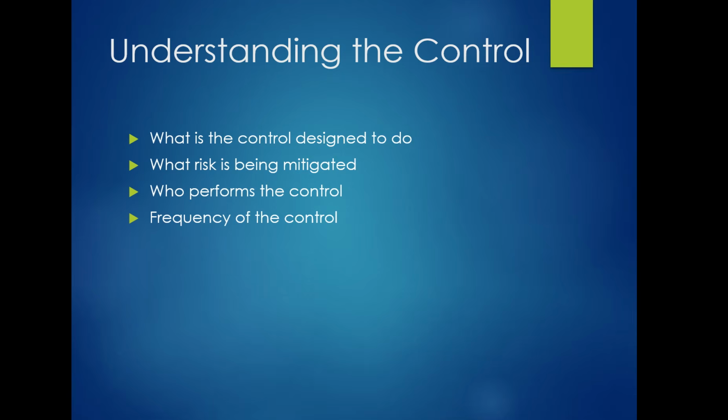If you don't know the frequency of the control you are testing, it will limit your ability to test that control effectively. If you don't know what risk the control is mitigating, then your final conclusion, your audit review, would not be appropriate. So you should clearly have an understanding of the risks that your control is mitigating.